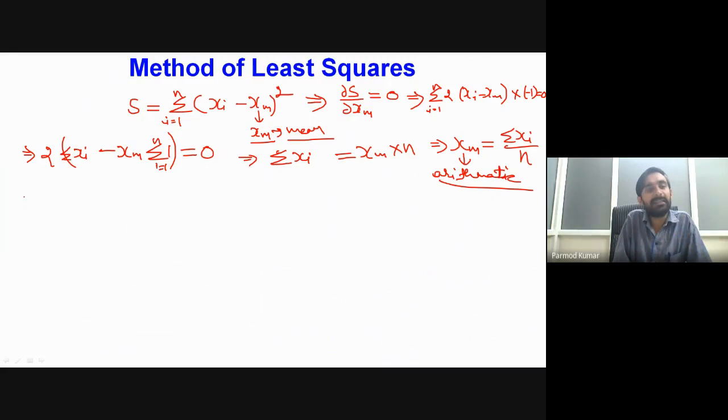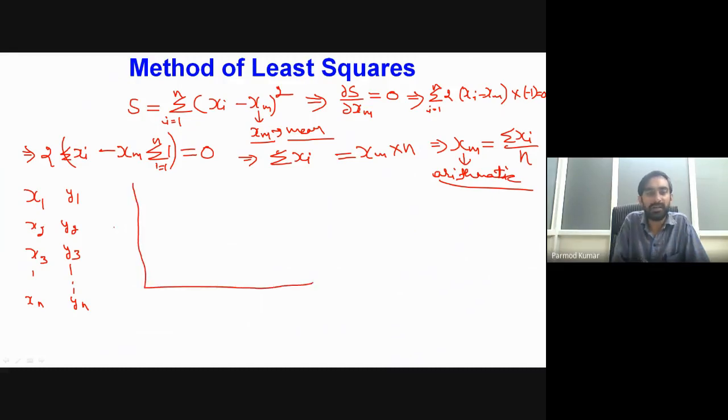Okay, so now this method of least squares can be applied to fit our experimental data. So now let us consider that we have some distribution of data x1, y1, x2, y2, x3, y3, and so on up to xn and yn. Now if I plot this experimental data on this curve, say y is along the ordinate and x is along the abscissa, these different points represent the data we have available.